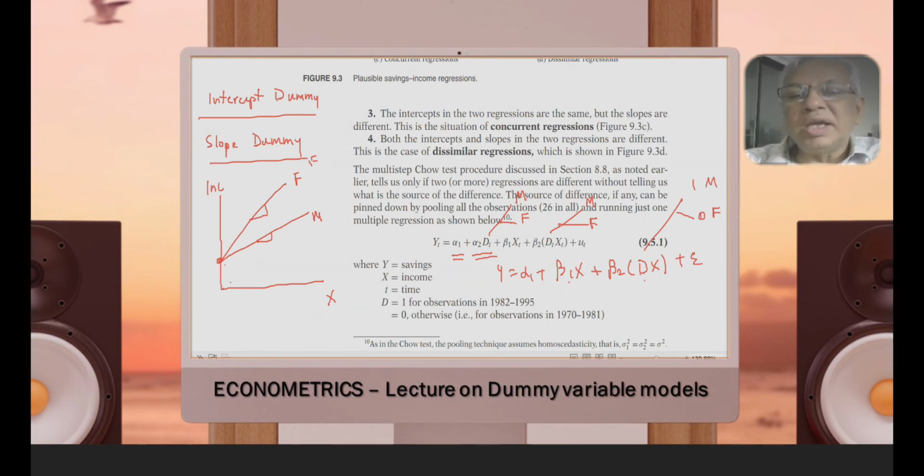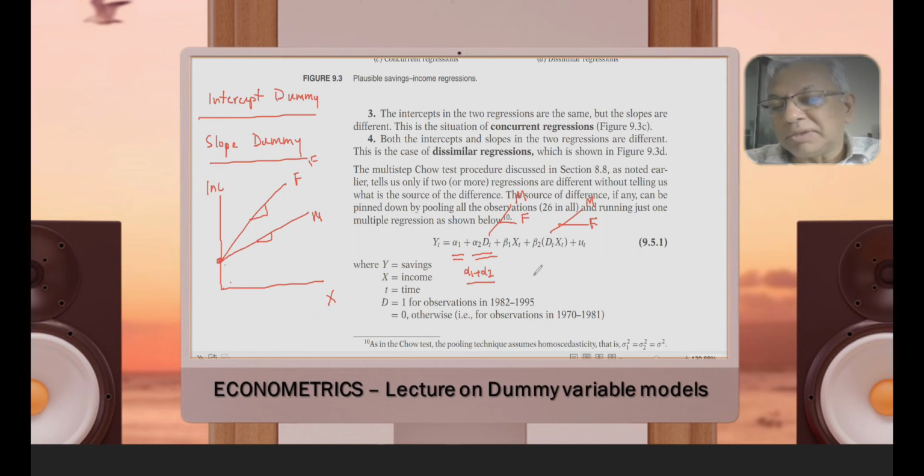In this case, when I have both intercept and slope dummy, for male, remember this is d. So let me eliminate this equation so that we can draw it right from the book. So if this is d equal to 1, now that means for male, the intercept is alpha 1 plus alpha 2.